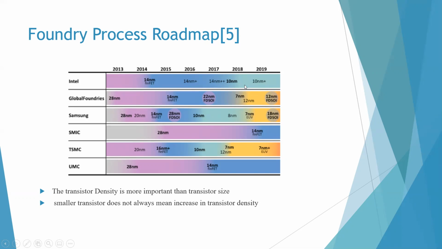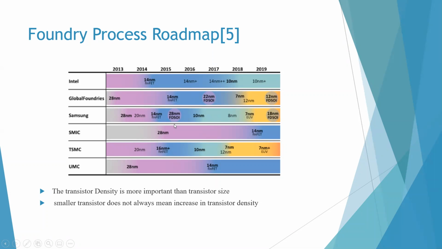So from here, we might think that Intel has not yet released its 7-nanometer technology, whereas Global Foundries, Samsung and TSMC reached 7-nanometer technology far before Intel.